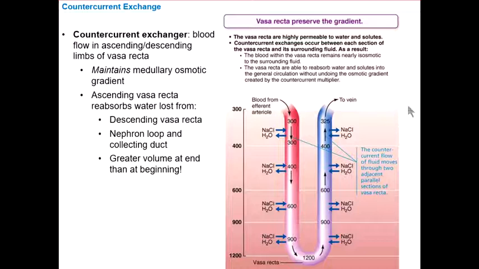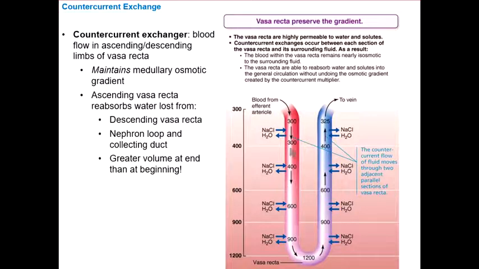So remember, we're in the juxtamedullary nephron, so we don't have peritubular capillaries here. We have vasorecta. Recall that from earlier in the chapter. So this is not the nephron loop, this is the vasorecta, the blood capillaries that are intimately tied to the nephron loop.